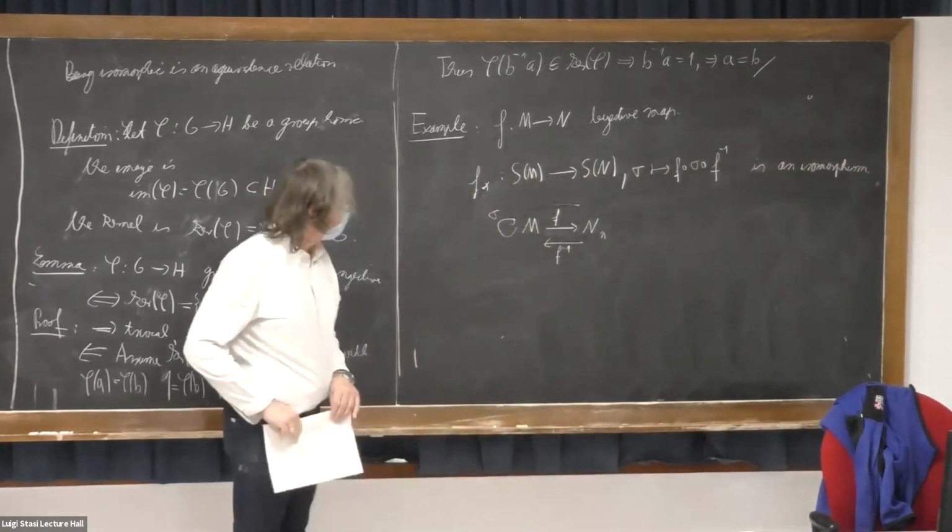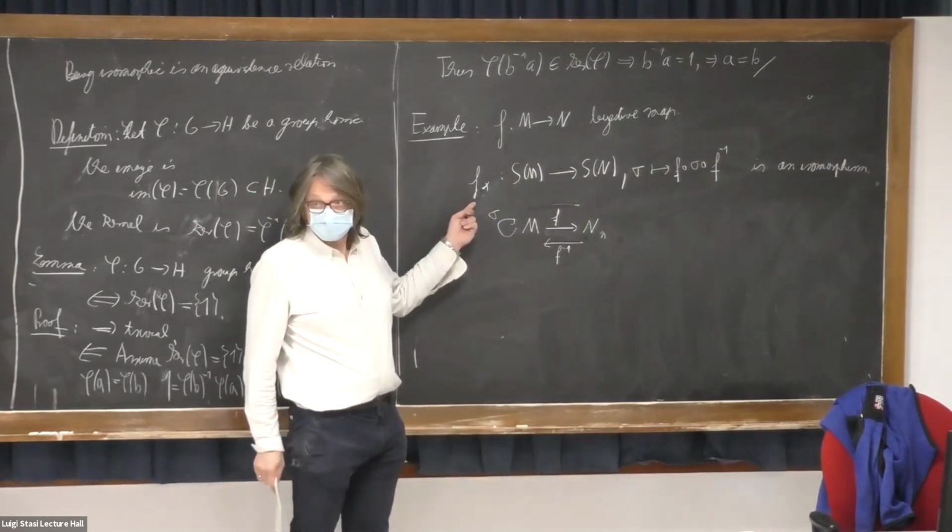Obviously, the inverse map is given by replacing F by F to the -1.